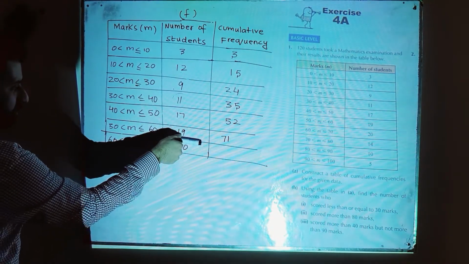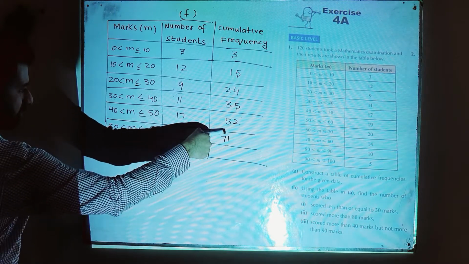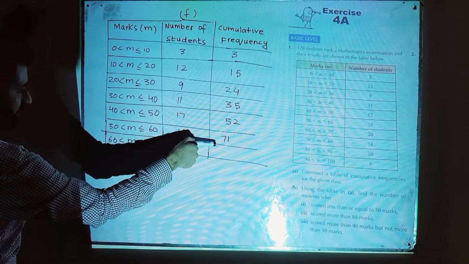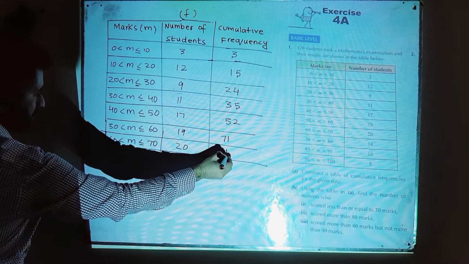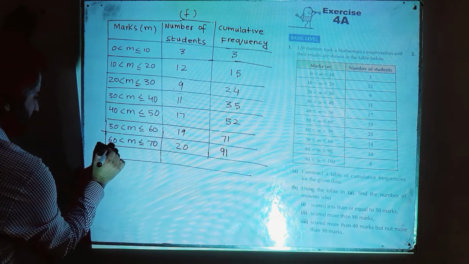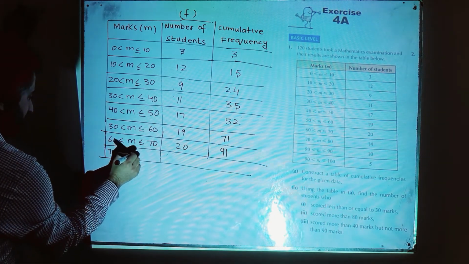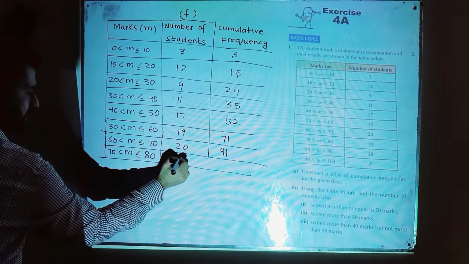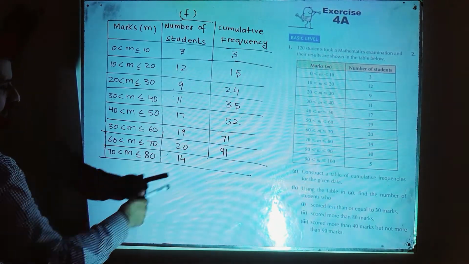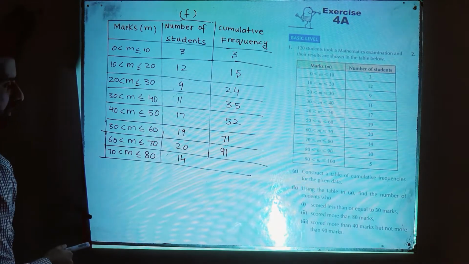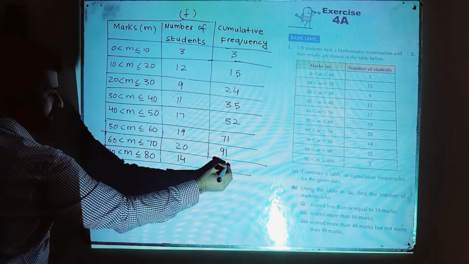Up till this point the addition of all these frequencies is 71. 71 plus 20 is 91. And then the next one is marks more than 70, less than or equal to 80, and we have how many students here? 14. So 91 plus 14, or add all these, the result will be same, that is 105.